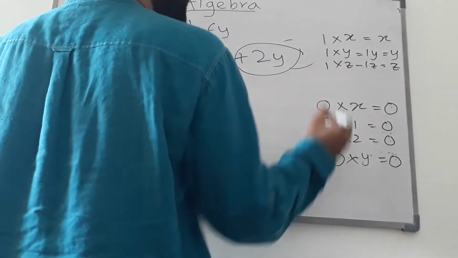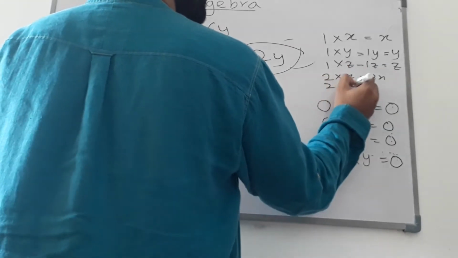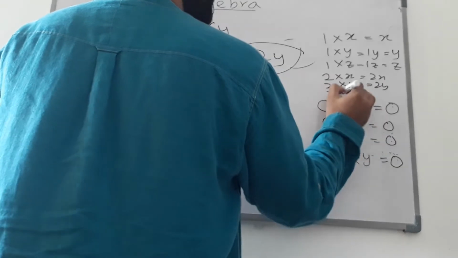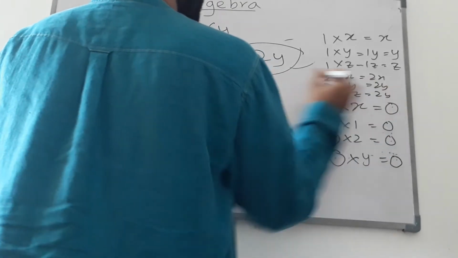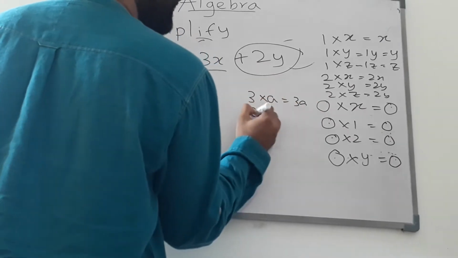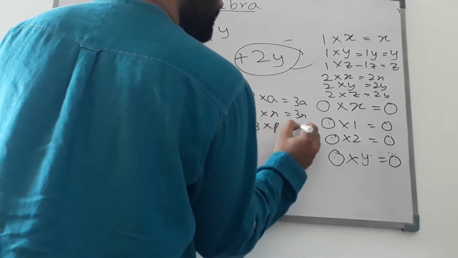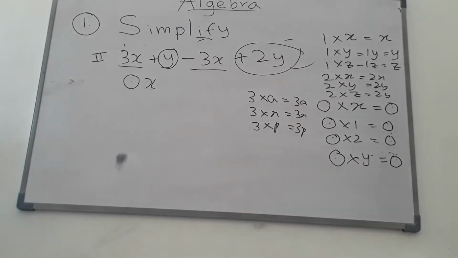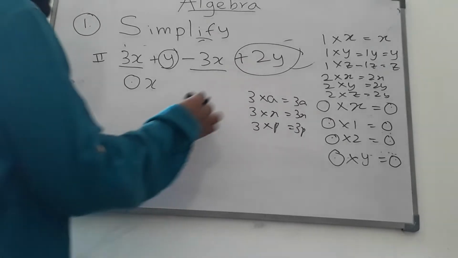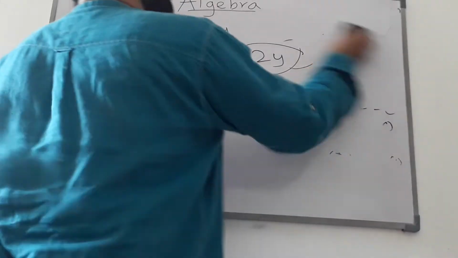Same as 2 times x means 2x, 2 times y is 2y, 2 times z is 2z, and also 3 times a means 3a, 3 times x means 3x, 3 times p means 3p. Keep these expressions in your mind. So 0 times whatever number, whether it's an algebraic term or number term, the answer is 0.